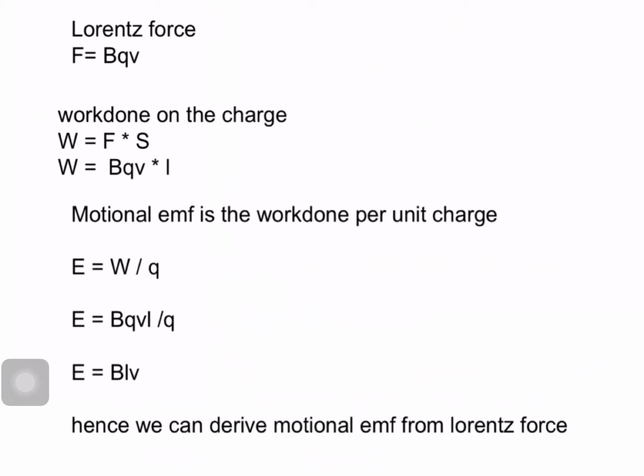W equal to F dot S, that is BQV into S, where displacement is L. Motional EMF is nothing but work done per unit charge. So E equal to work done by Q, where the work done is already calculated: BQVL by Q. Q will be cancelled out. E equal to BLV.